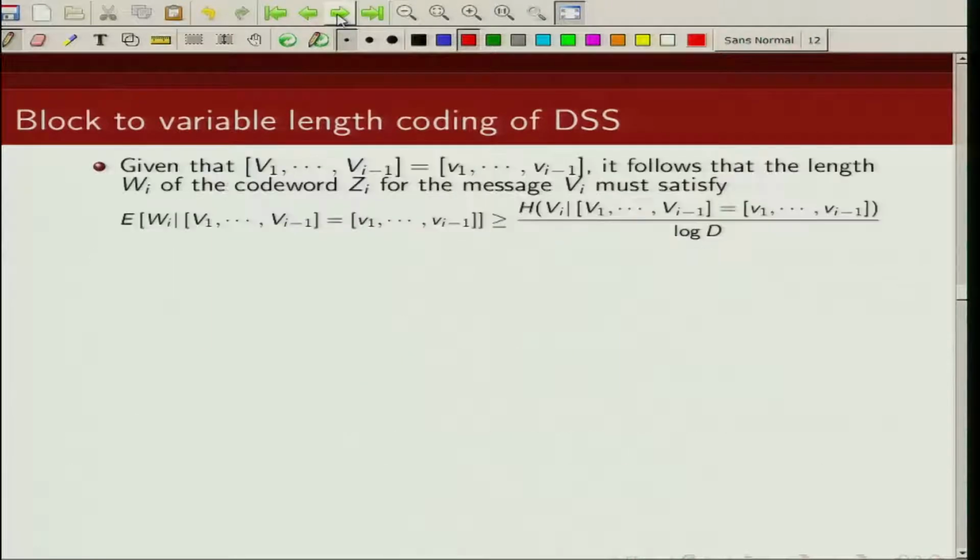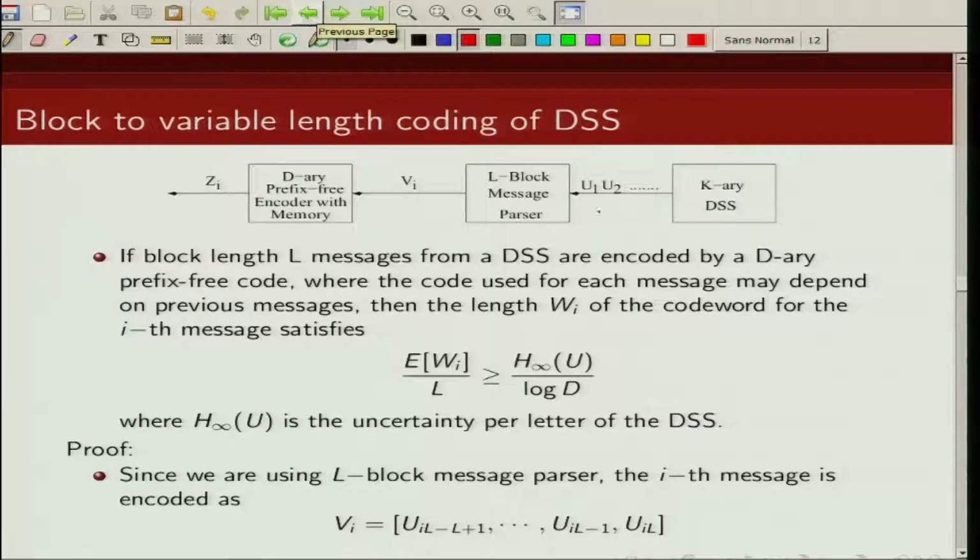So let us prove this. Let us go back and see the notation. We are using Ui to denote the output of a discrete stationary source. These Ui's you are parsing into blocks of L letters, and we are using Vi to denote these blocks.